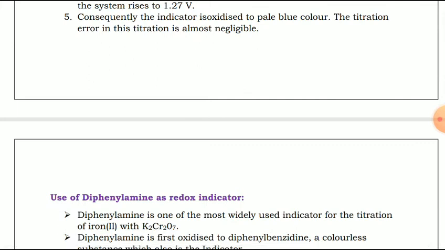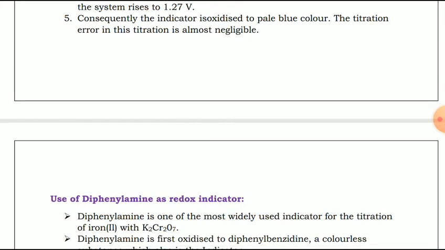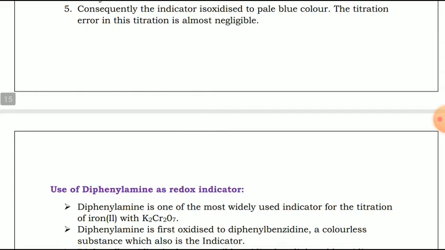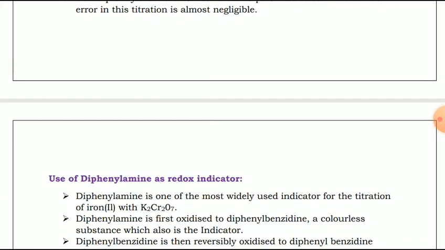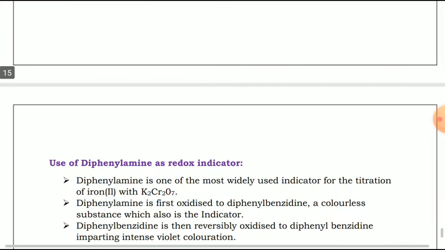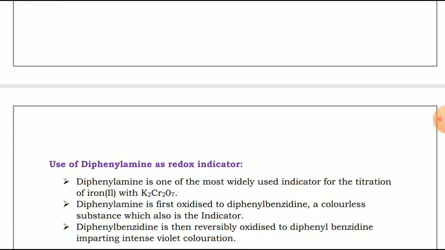Diphenylamine is first oxidized to diphenylbenzidine, a colorless substance which is also the indicator. Diphenylbenzidine is then reversibly oxidized to diphenylbenzidine violet, imparting its violet coloration. Just as we have seen above in the table, when it is present in the reduced form, it will show colorless, and when it converts into the oxidized form, it will show the violet or green coloration.